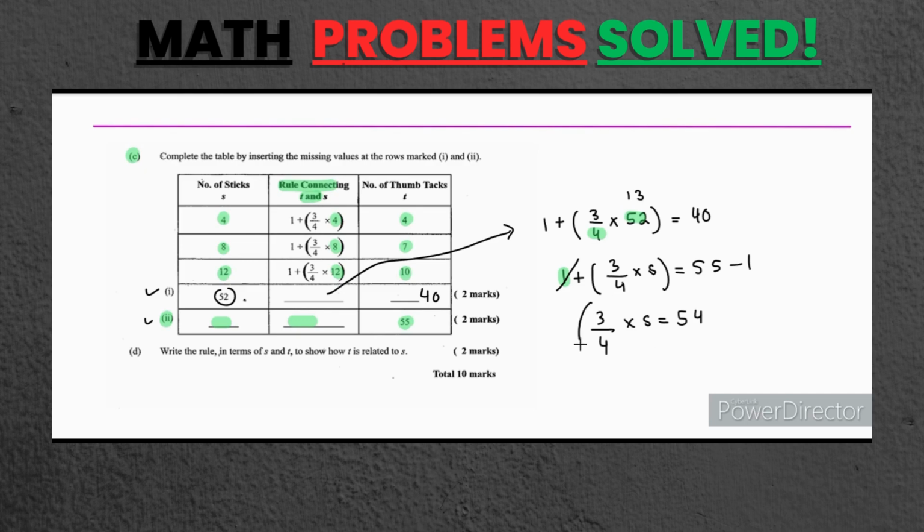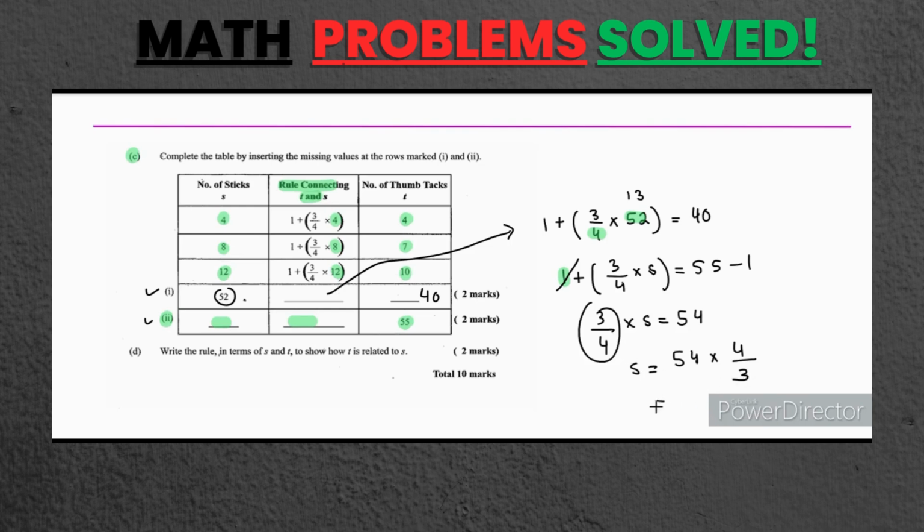Then if we have to get rid of this thing, we will move it to the other side and it will become 54 times its swapped fraction. This is the rule of getting rid of the fraction from here.